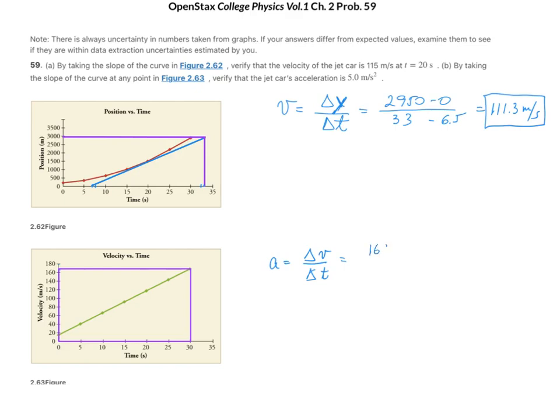So we have 168 minus, I want this value over here, and that's less than 20, so maybe 17. So 168 minus 17 divided by this value, 30 minus 0. If I plug these numbers into my calculator, I am getting 5.03 meters per second squared.